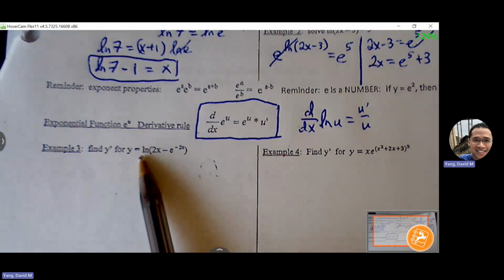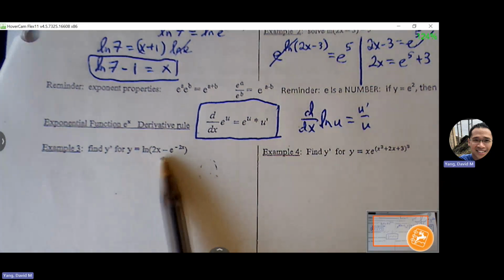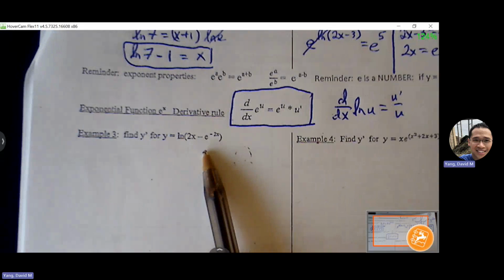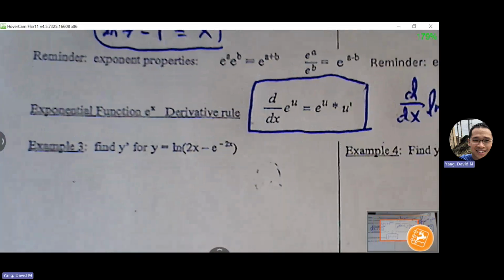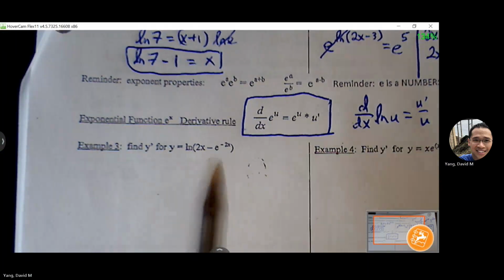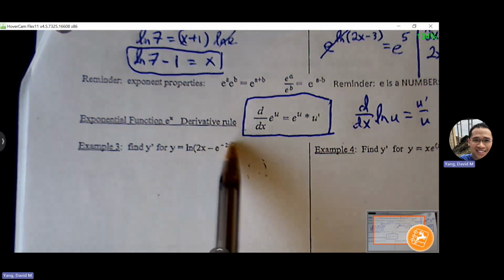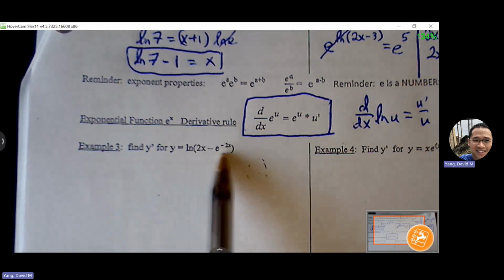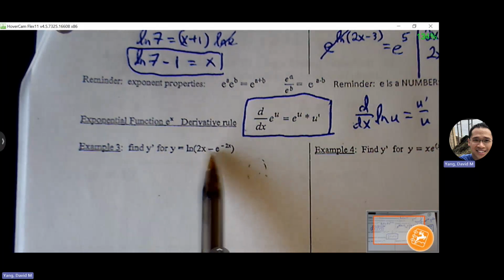Find y prime for y is equal to natural log of 2x minus e to the negative 2x. So notice we can't distribute this through, right? This is stuck in this form. But we can identify this as 1 big u value. Also, we don't have a log property to expand, right? This is not a multiplication, this is a subtraction.